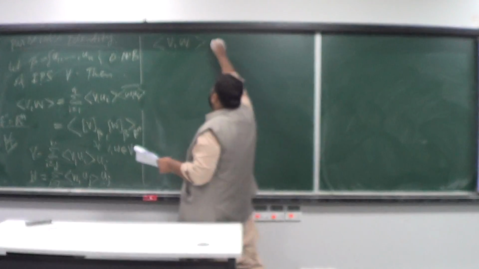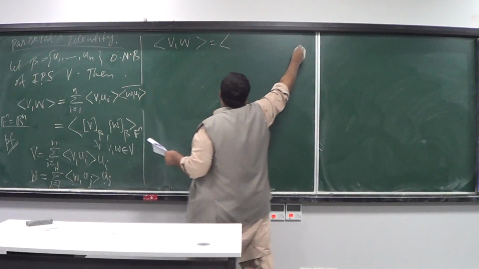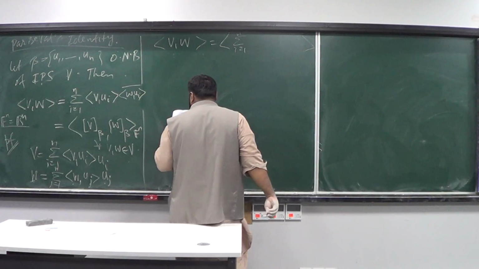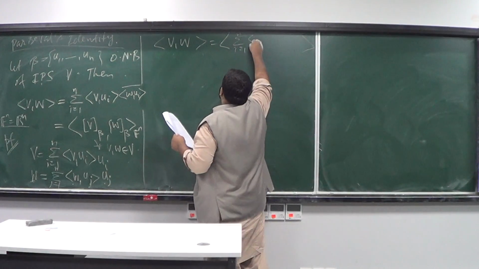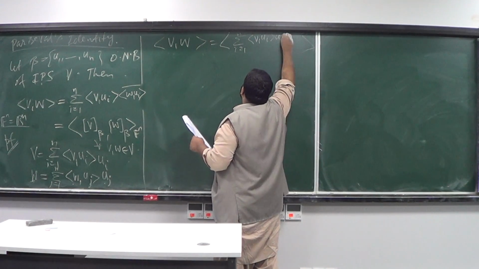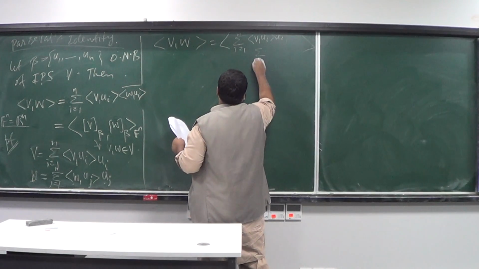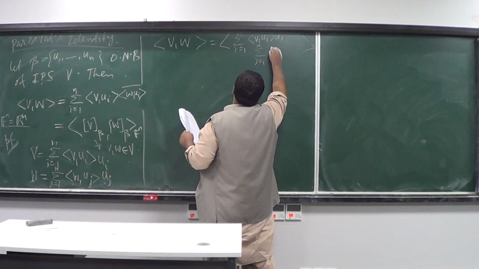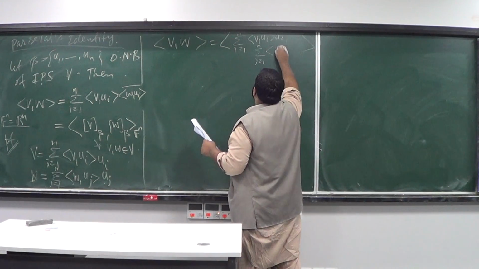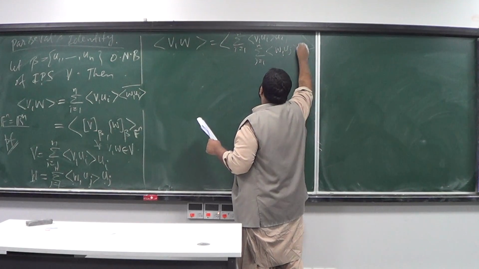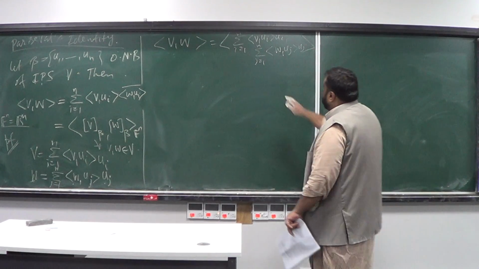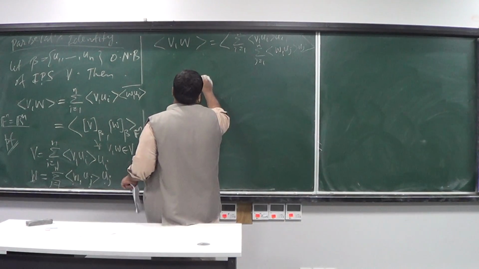So let's substitute the values of v and w into the inner product. It's going to be the sum from i equal to 1 to n of the inner product of v with ui times ui, comma, the sum from j equal to 1 to n of the inner product of w with uj times uj. What I can do is pull these sums out by the properties of inner product.